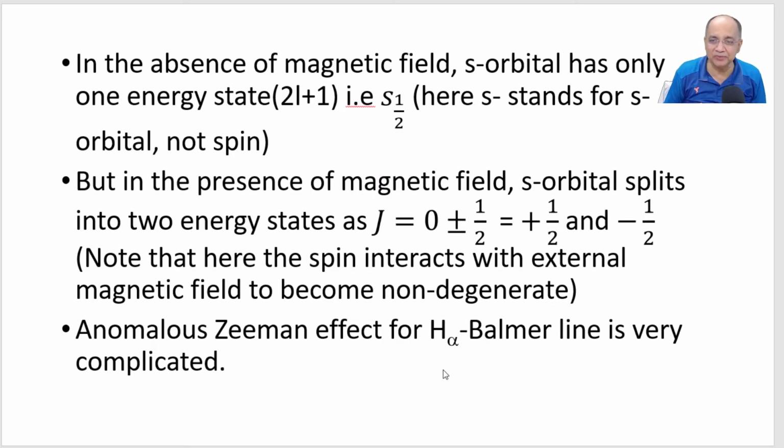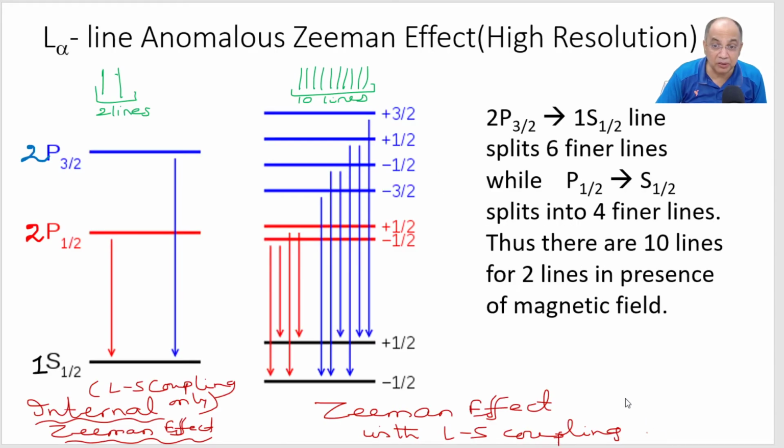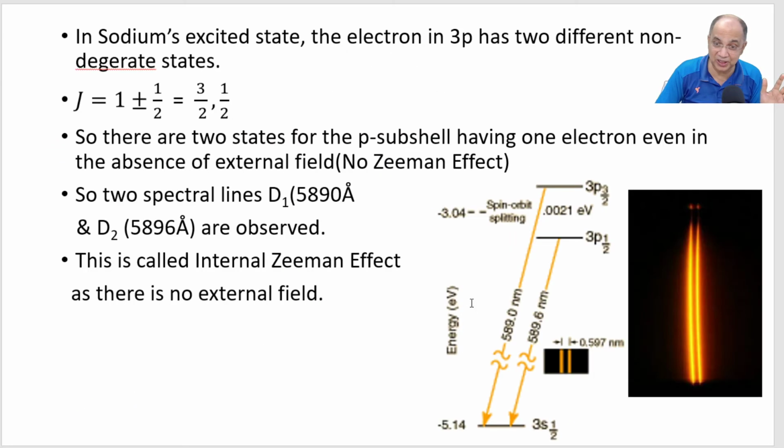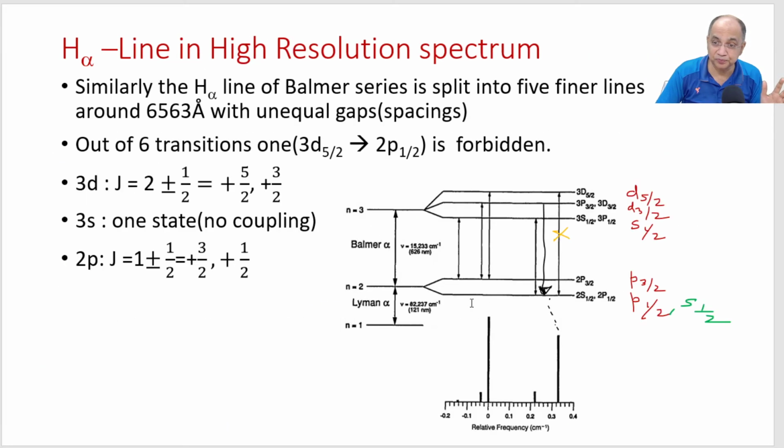Same thing will happen in the case of the Balmer series, but it is very complicated. You remember there were 5 acceptable lines here, which you have seen, under high resolution condition, and each state will be further split. So this state will be 5 by 2: minus 5 by 2, minus 3 by 2, minus half, plus 3 by 2, plus 5 by 2.